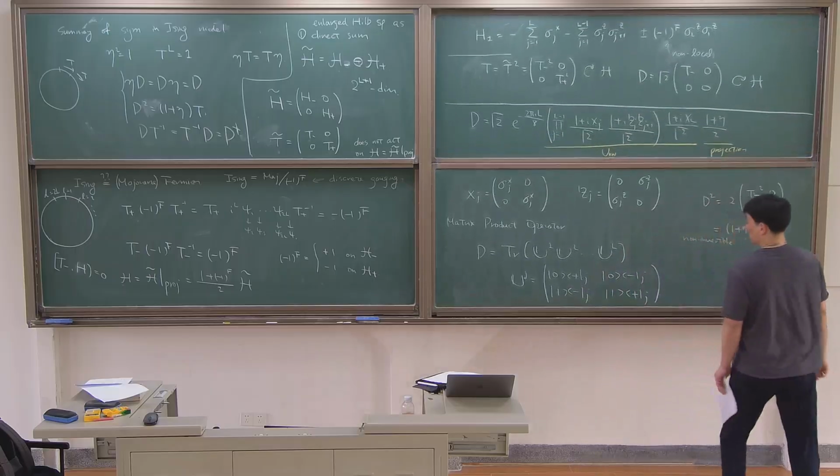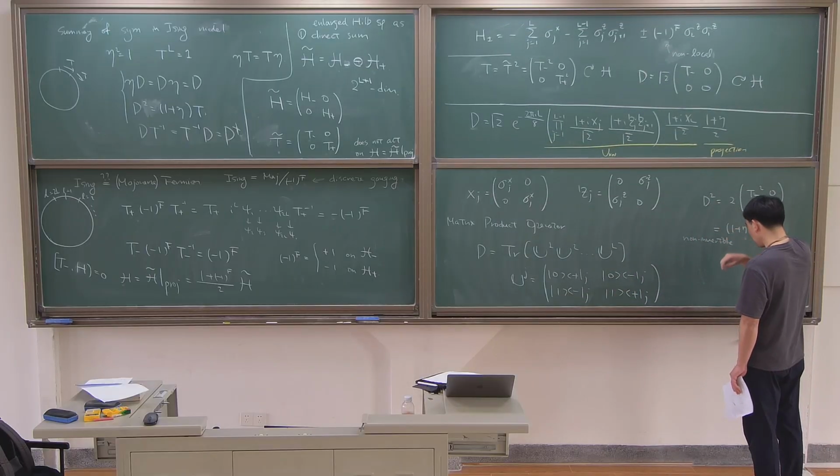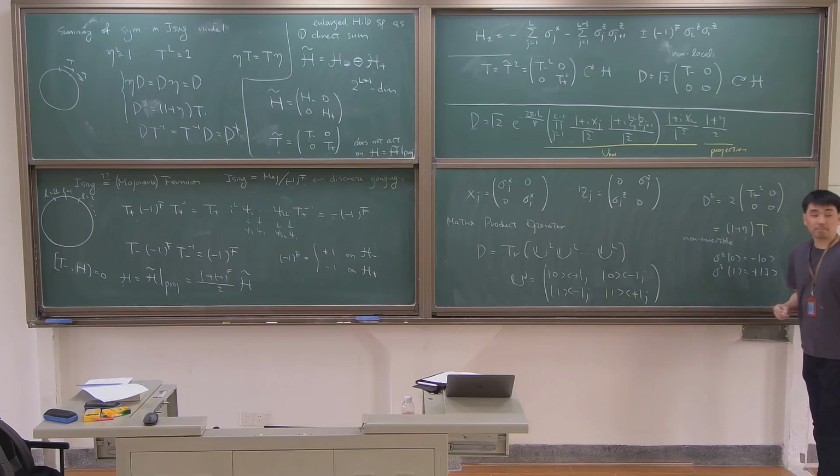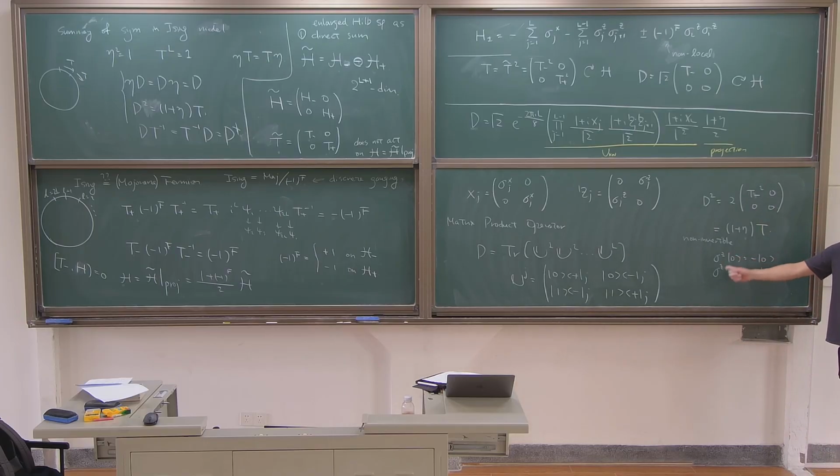Okay, so the sigma z on 0 is minus 1. I mean, 0 1 is the eigenvector for the Pauli matrix sigma z.